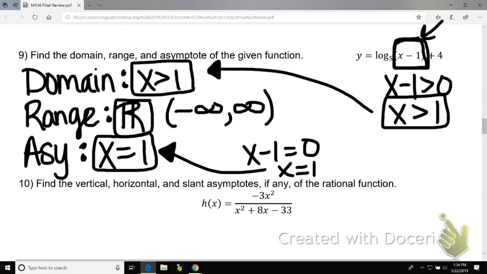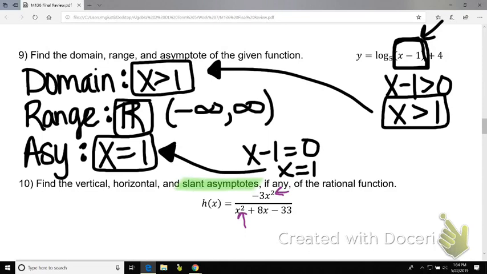I'm going to mention one thing about number 10, but I'm not going to work out number 10. Number 10 asks about slant asymptotes, which you can also refer to as oblique. I didn't teach those yesterday. The only time a problem like that is going to have a slant asymptote is if the top degree is bigger than the bottom, and we don't usually deal with problems like that, at least not at this level.